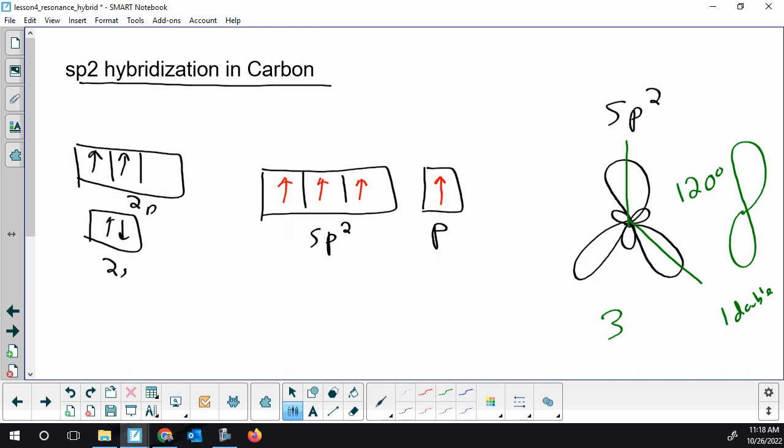We get a 120 bond angle, and then the double overlaps on top of one of those 3. It's in the same space. That's why we write the doubles right next to each other when we write a double bond, because it overlaps with an existing sp2 hybridized orbital.